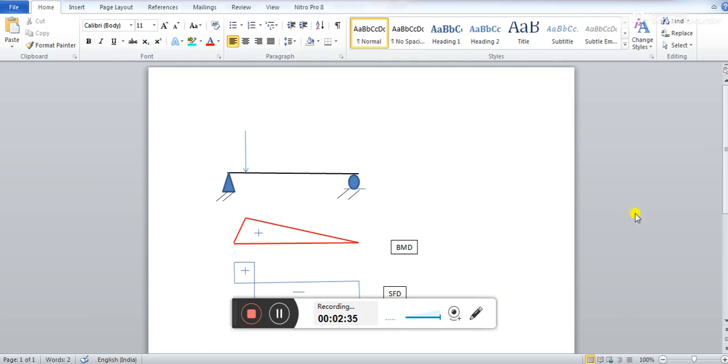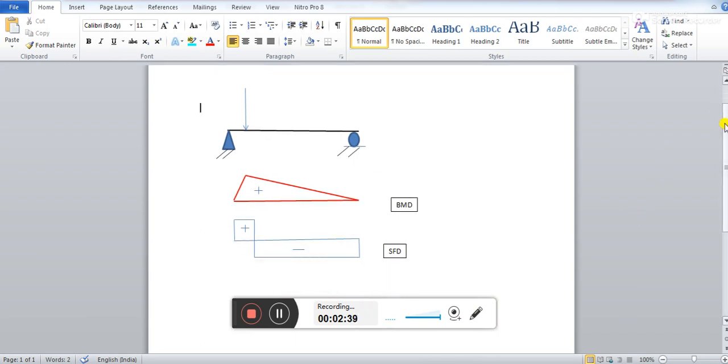Everyone can see this small Word document. What have I drawn? This is a simply supported beam, right? Yes, and there is a point load on this simply supported beam.